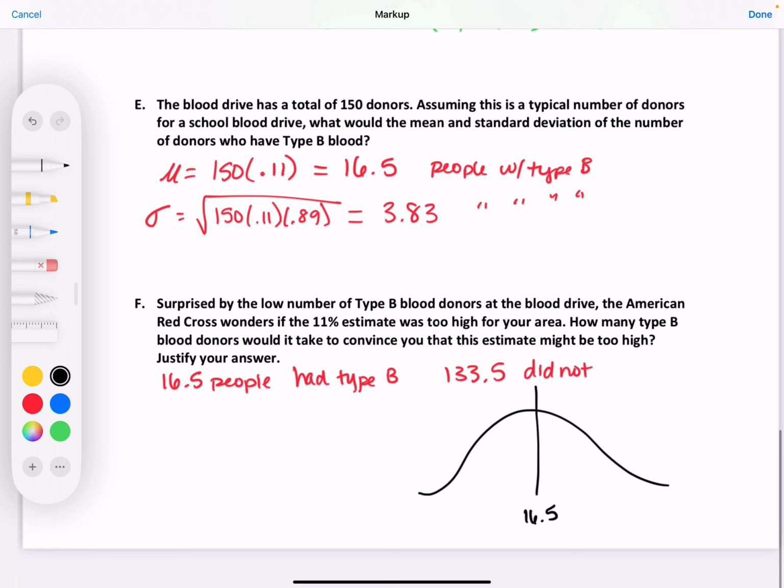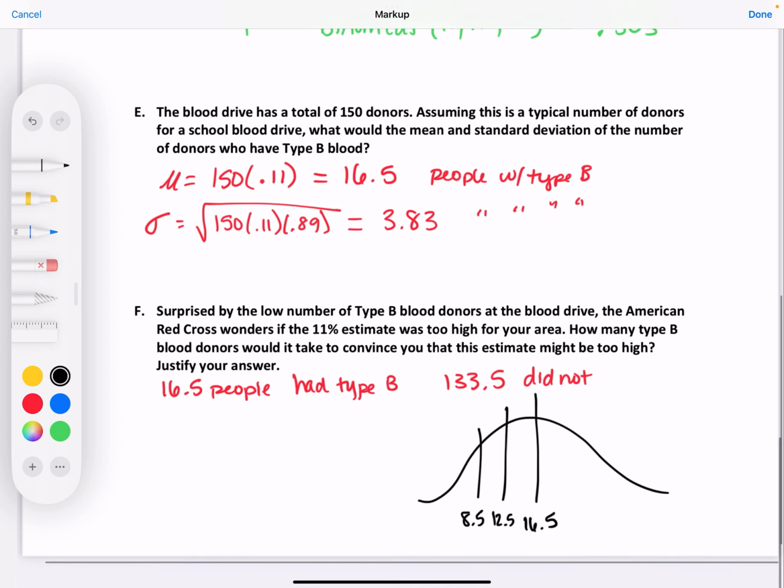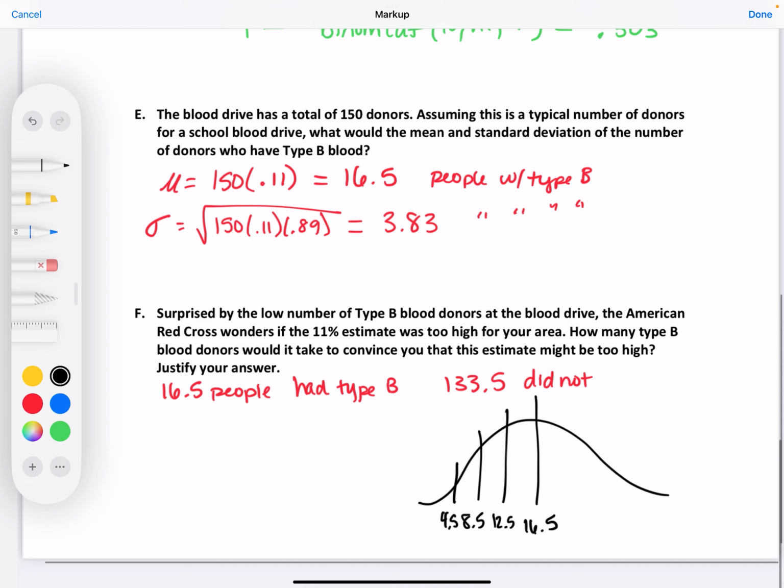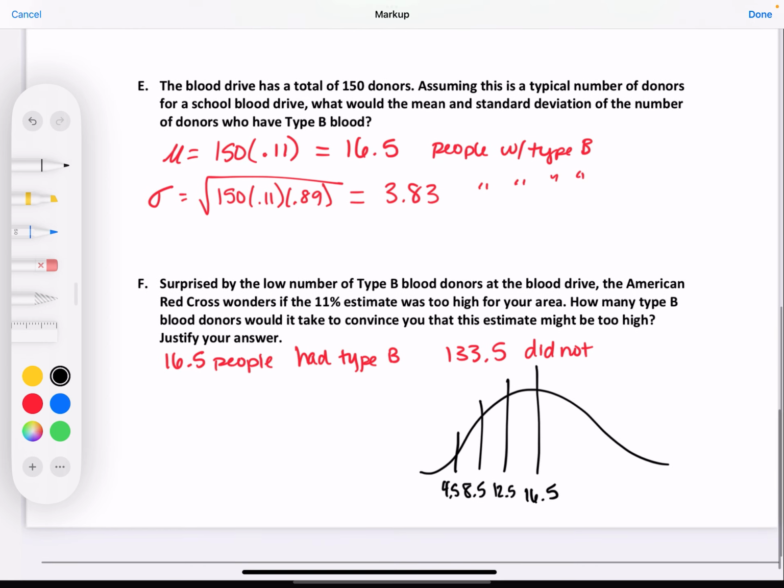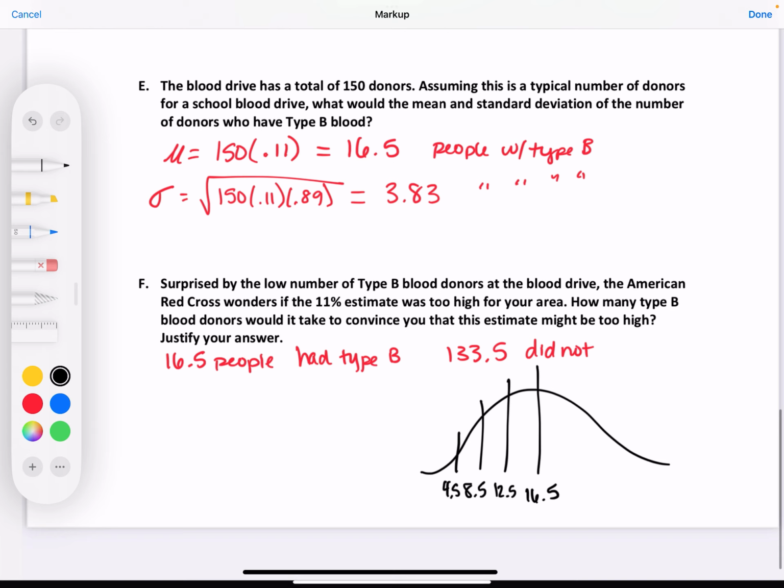So 16.5 minus 4 to make it easy. So it'd be 12.5, minus 4 would be 8.5, minus 4 would be 4.5. So basically, if we see anything less than 9 people, we would say that the estimate's too high, because that would be more than 2 standard deviations away in the negative direction. So if we saw less than 9 people, it could be considered too high.